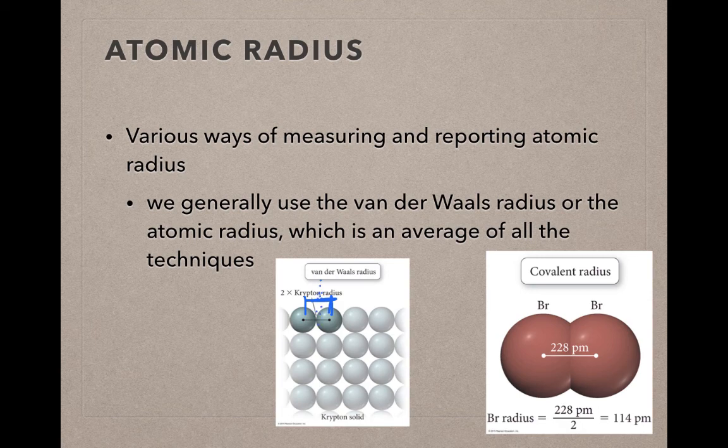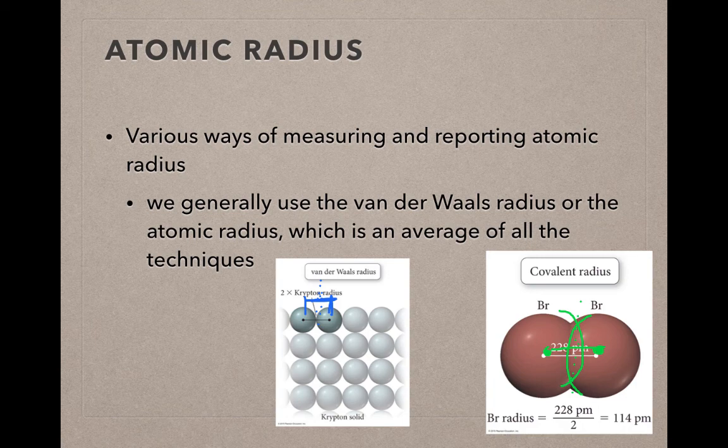If you have a covalent radius, where the atoms themselves are kind of mushed into each other, we can still find the distance between the nuclei, and again cut it in half and get a radius.